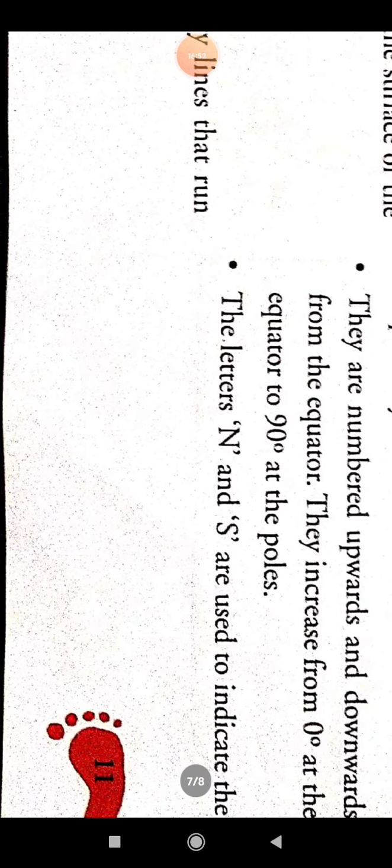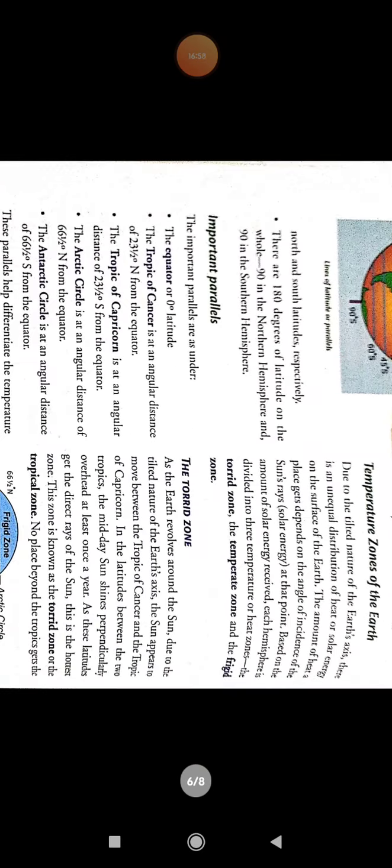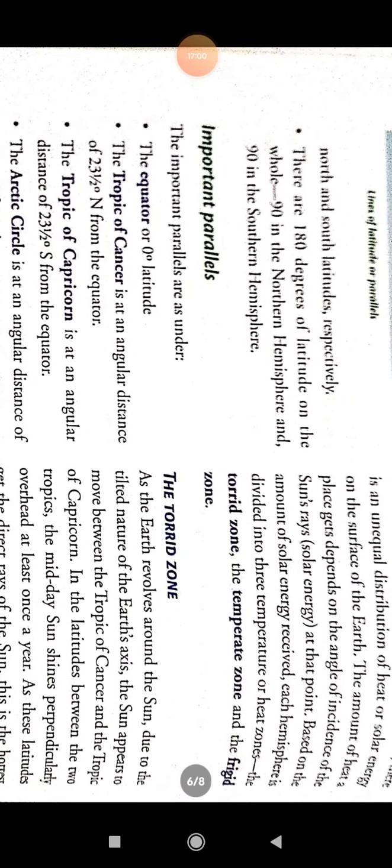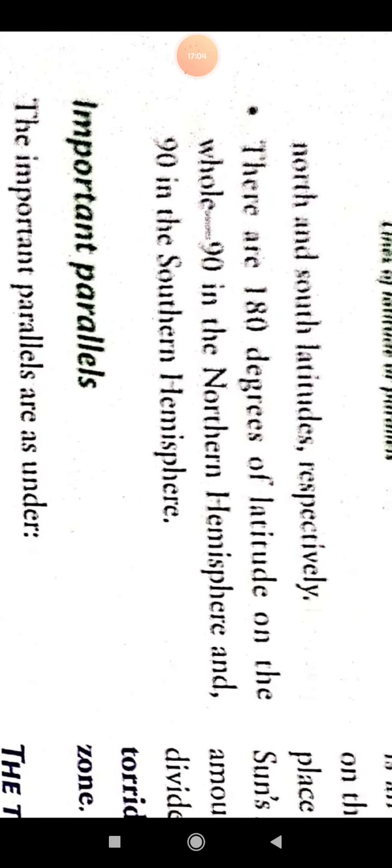Okay, and the letters N and S are used to indicate north and south latitudes respectively. The latitudes in the northern hemisphere are measured as degrees north, and the latitudes in the southern hemisphere are measured as degrees south.